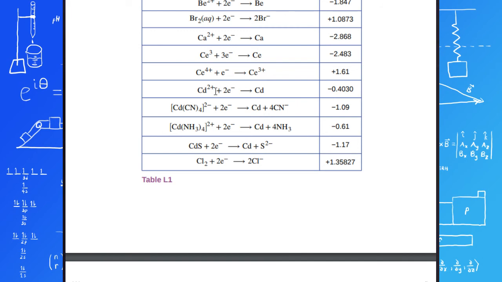So oxidation of cadmium would be the reverse of the reduction of cadmium, so I would flip the sign, so positive 0.4030 volts.